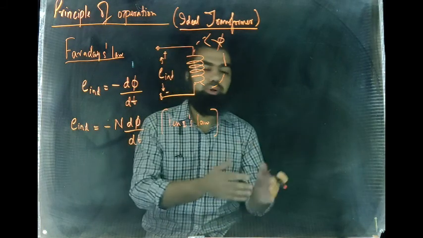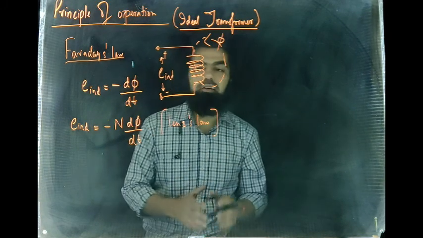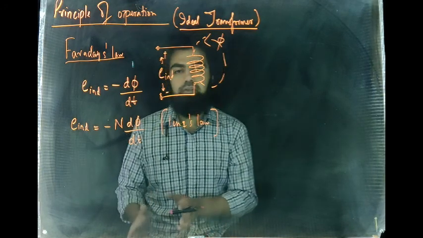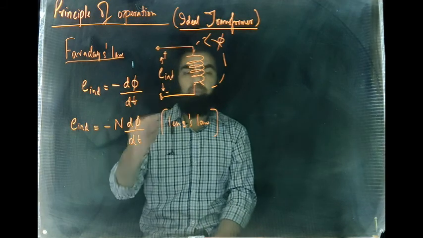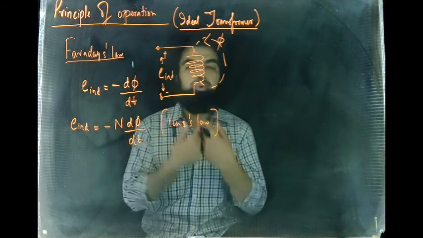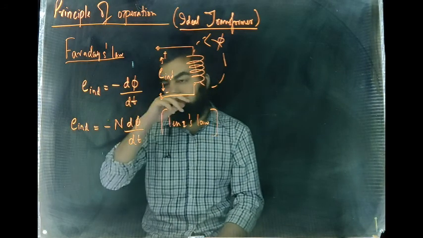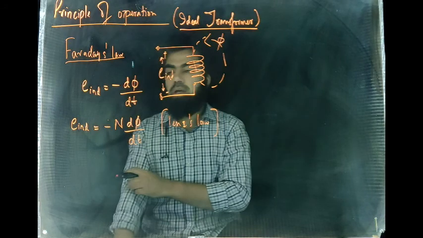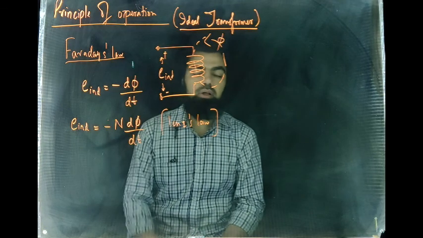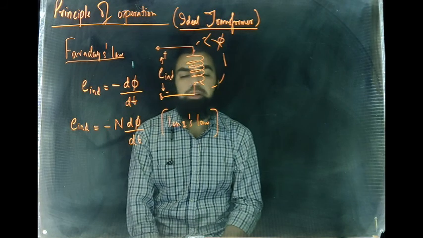The primary voltage will produce the flux, and the polarity induced in the secondary coil will, if connected in series with the primary winding, oppose the original cause that induced this voltage. So the greater the rate of change of flux, the greater the voltage induced in the coil.